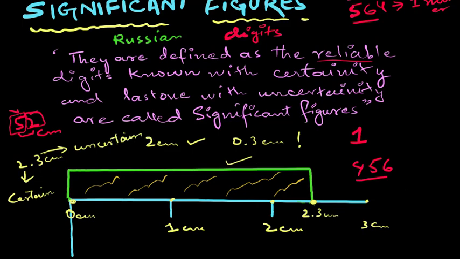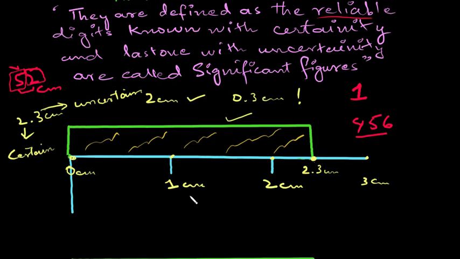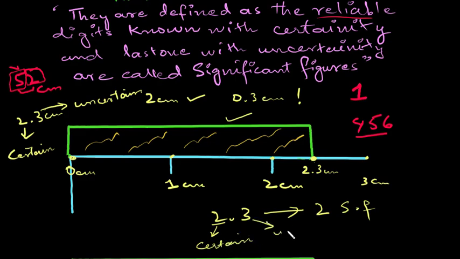Okay, so how many significant figures does this measurement have? 2.3 has 2 significant figures, because according to the definition it contains at least one certain digit and one uncertain. So the last digit is uncertain and at least one digit is certain. That is according to the definition of significant figures.